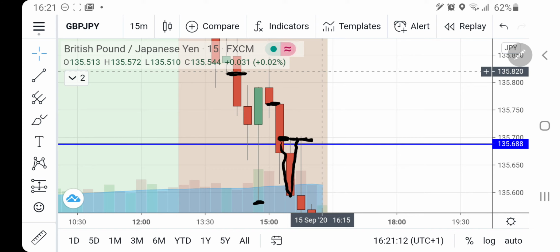So look, I could have taken many 10 pips, many, and I ended up break even most of the time. Anyway, in my real account I'm negative for the day. But it's a very, very small loss because my losses were not that big and my profit was very big.